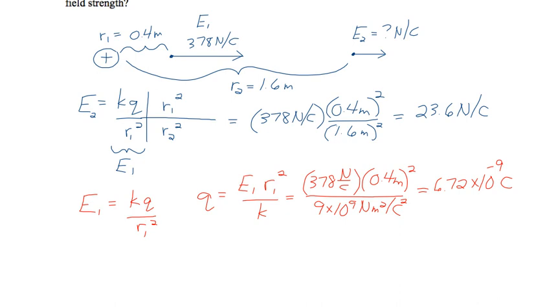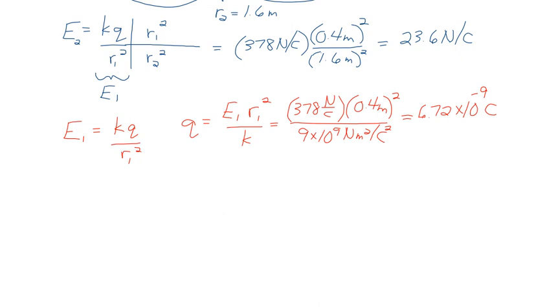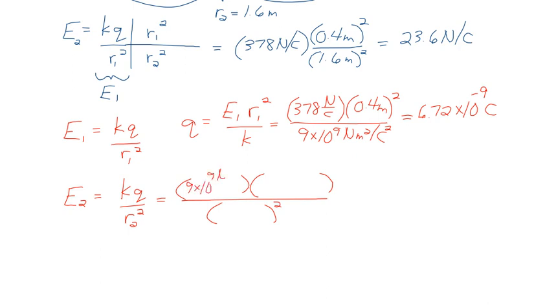So now that I know the Q, I'm just going to plug it into this formula, but solve for E2 instead of E1. So E2 is going to equal KQ over R2 squared. For K, 9 times 10 to the 9th newton meters squared per coulomb squared.